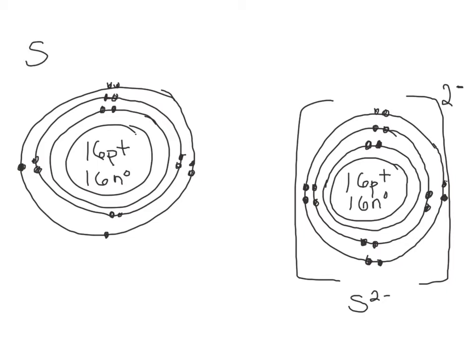The name of this is, we use the stem of the original atom's name, but we change the ending to "ide." So this is called a sulfide. So it's a sulfide ion. Now this is a nonmetal.